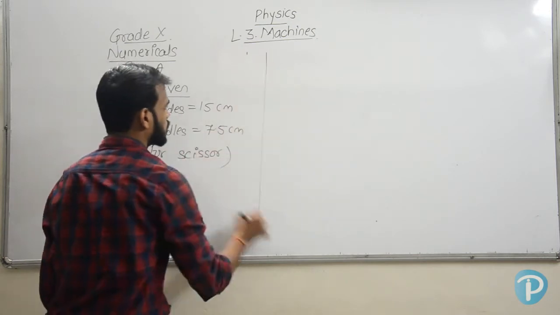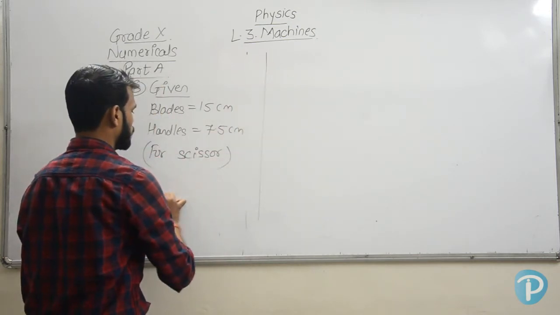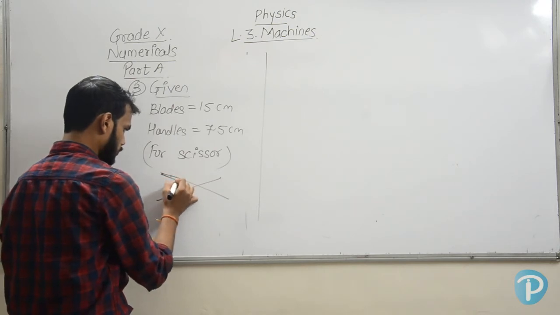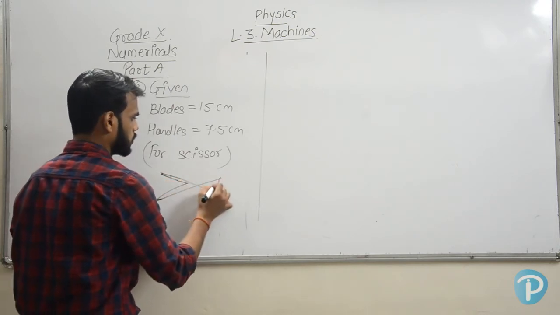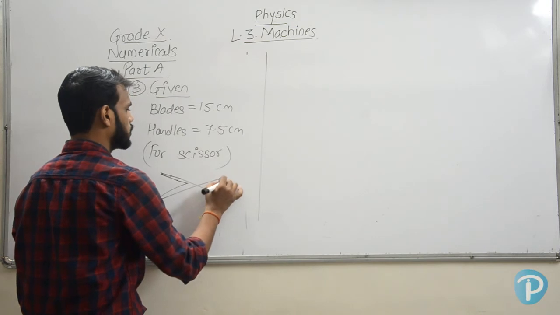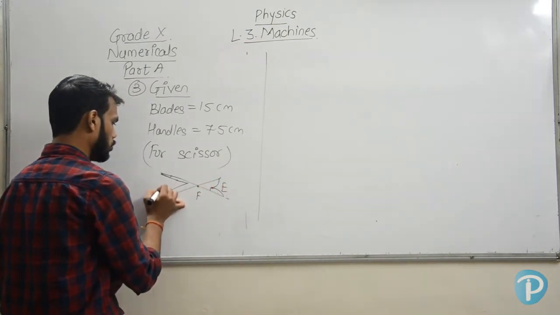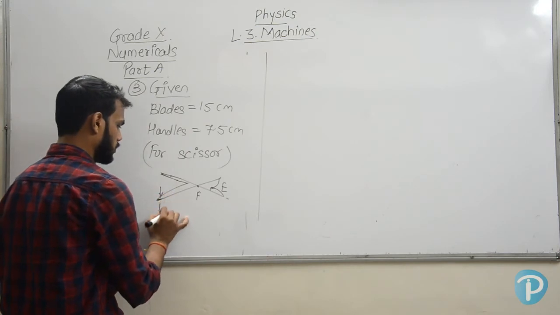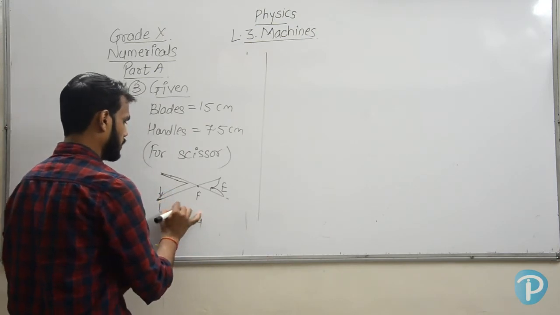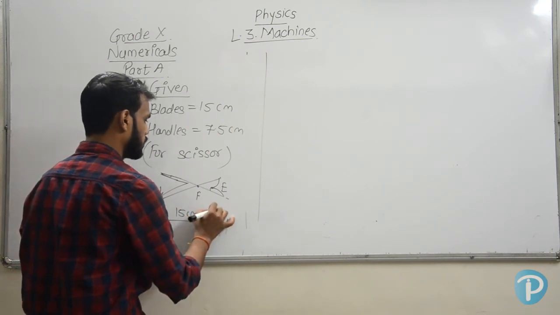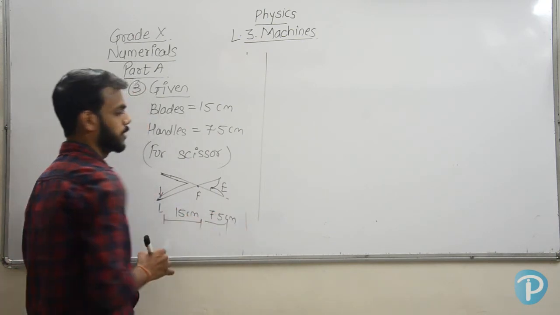Okay. Now for a scissor, if I draw a scissor like this, here the effort is applied. Here we have fulcrum and here the load is there. So this load arm is 15 cm and this effort arm is 7.5 cm.